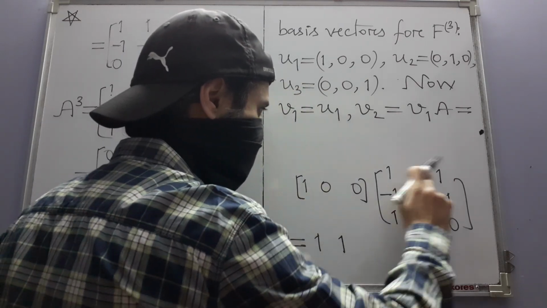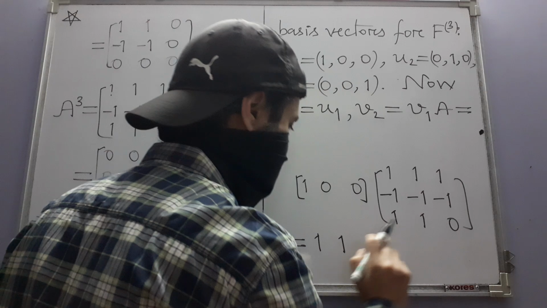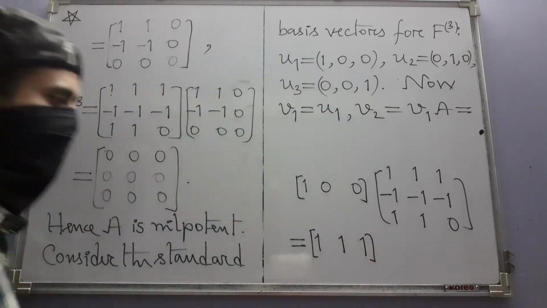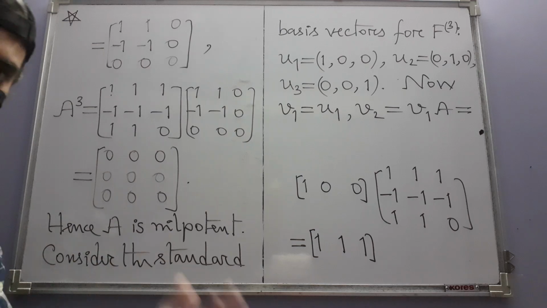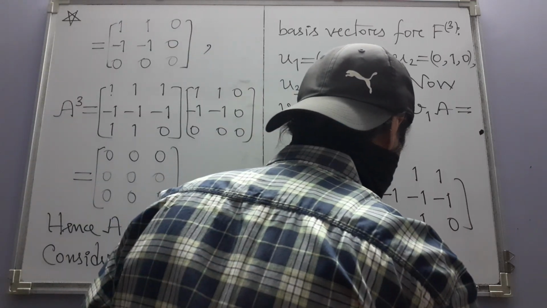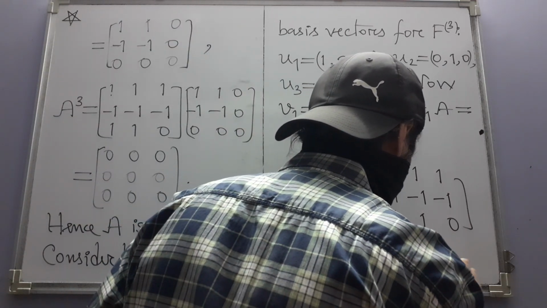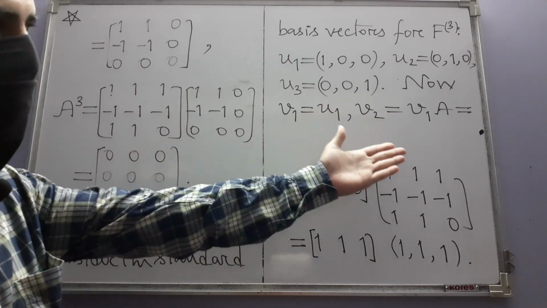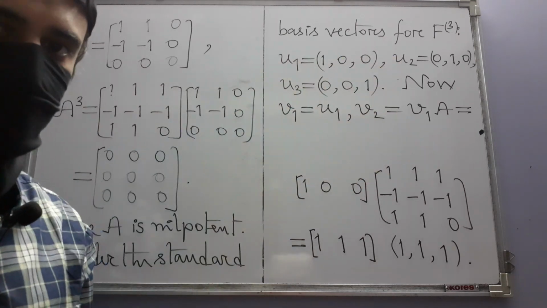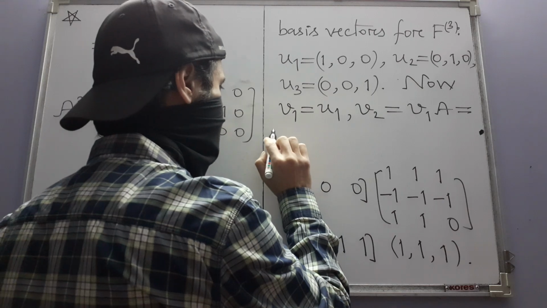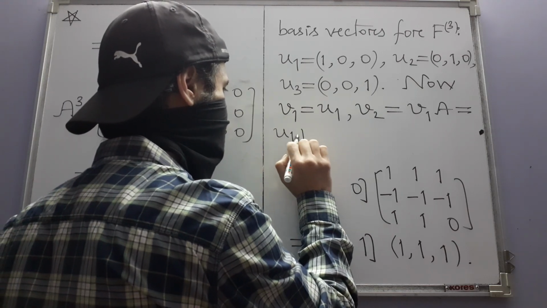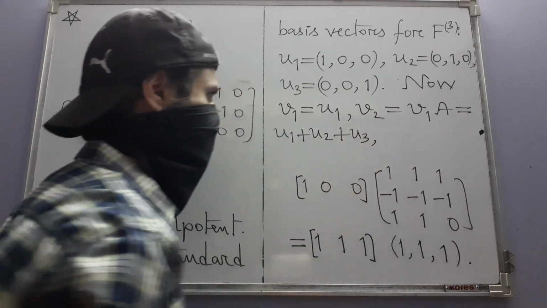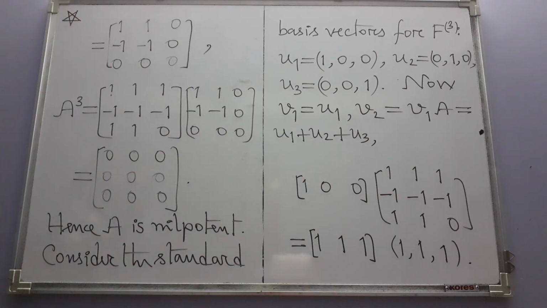And then again 1, 0, 0. So that means the vector that we are getting is 1, 1, 1. If you write that 1, 1, 1 in terms of U1, U2 and U3, you get U1 plus U2 plus U3. Okay, so this is our V2.